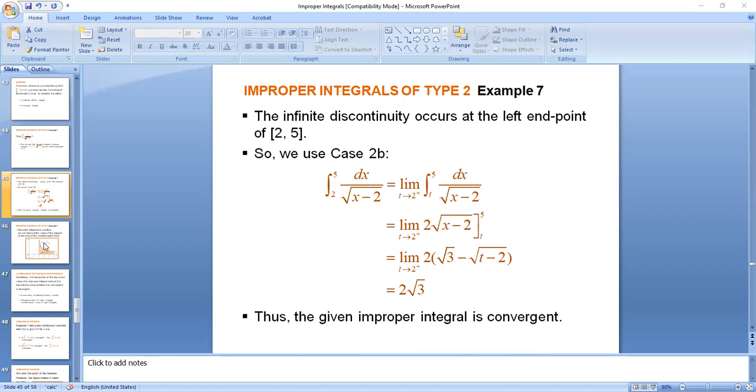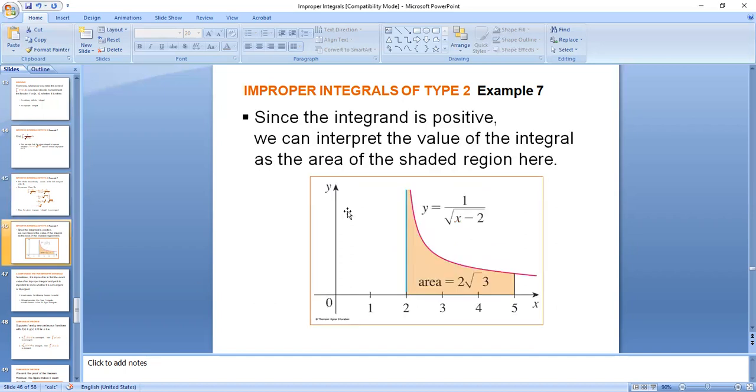Still on type 2. Now we go to this one. Since the integrand is positive, we can interpret the value of the integral as the area of the shaded region. So this is the curve actually, class. The 1 over square root of x minus 2 curve. It starts from 2 and ends with 5.